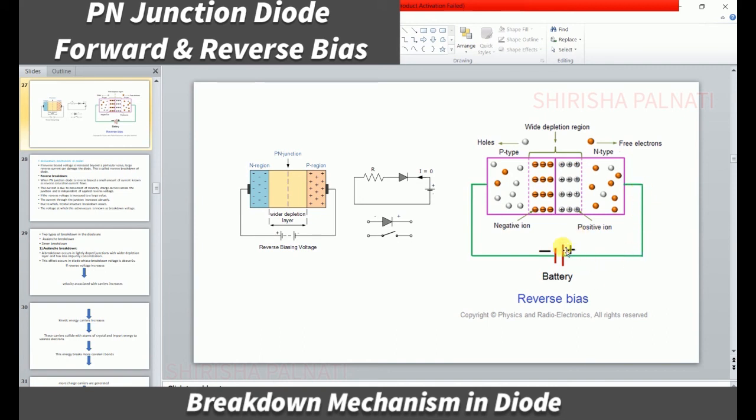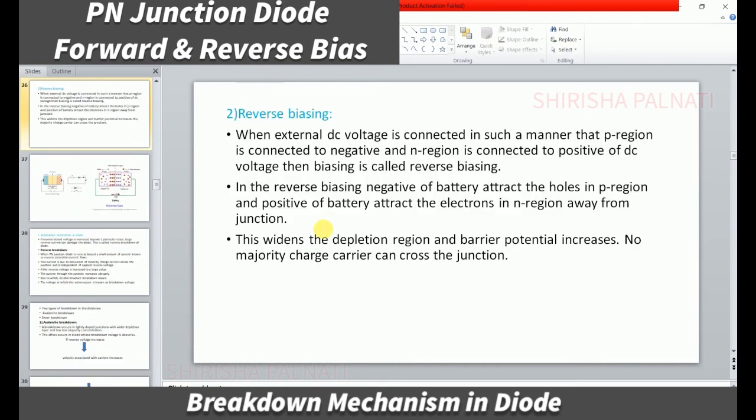This is the reverse battery we are connecting to the p-n junction diode, right? That's why the biasing is called reverse biasing. When the external DC voltage is connected such that the p region is connected to negative and the n region is connected to positive of the DC voltage, the biasing is called reverse biasing.